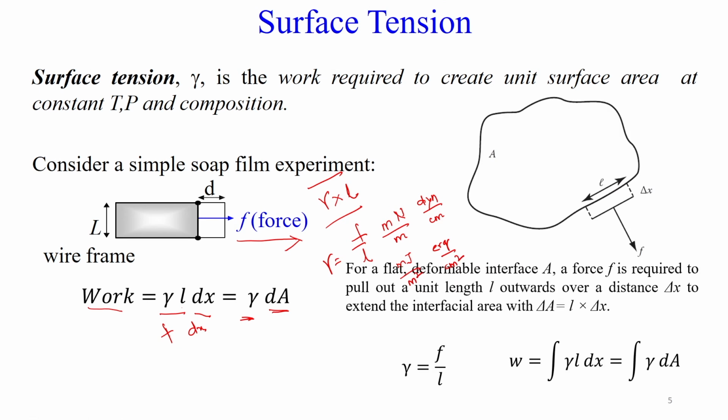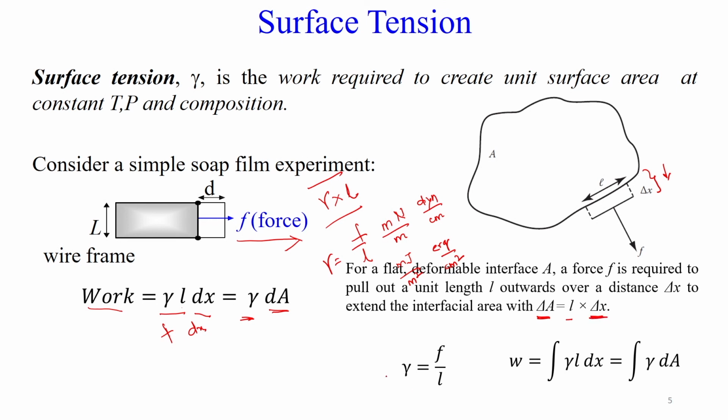So, we will see another experiment for a flat deformable interface of area A. This is the interface area. We apply a force F at a particular length L, so that we are able to pull it out, and delta x is the displacement or the distance. So, the change in the interface area will be L into delta x.